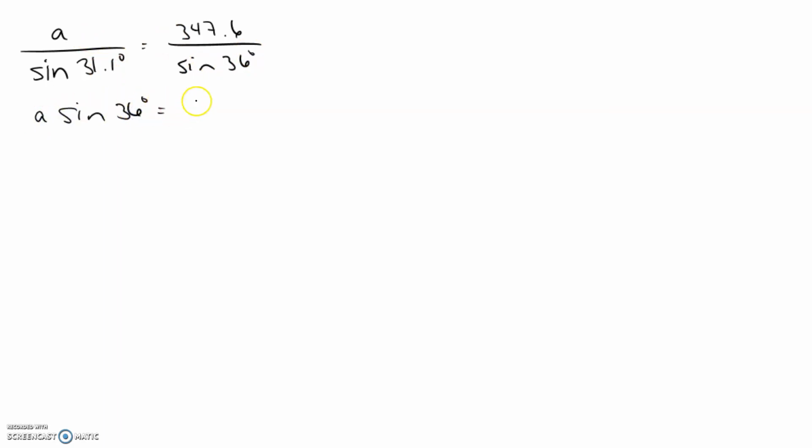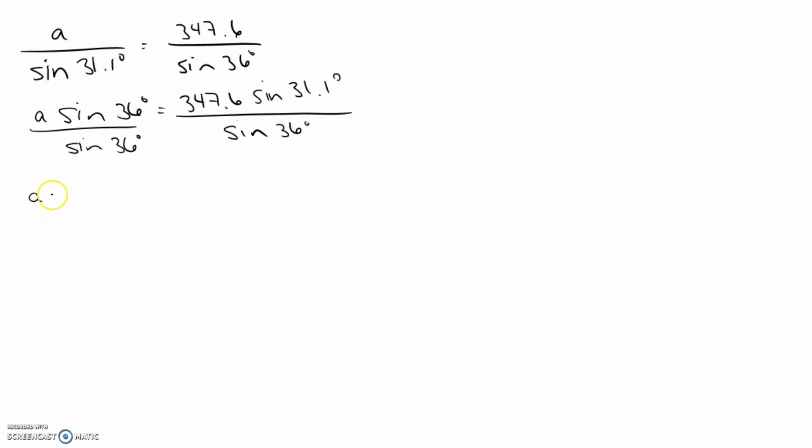Okay, so if we use the first one, A over sine of 31.1 is equal to 347.6 over sine of 36. So I'm going to use cross multiplication again. So A times sine of 36 is equal to 347.6 times sine of 31.1. Divide both sides by sine of 36, because I'm trying to get A all by itself.